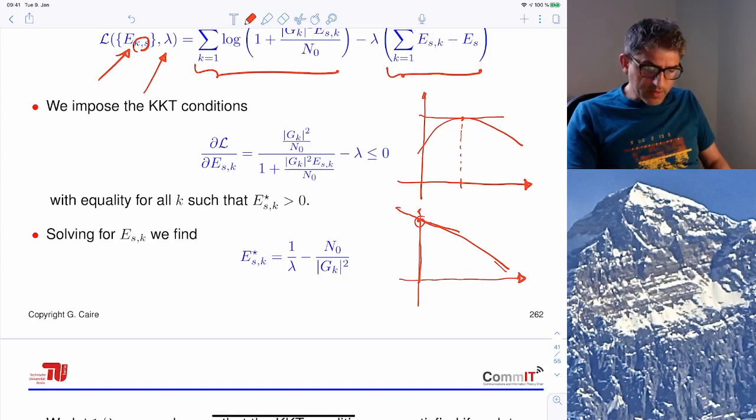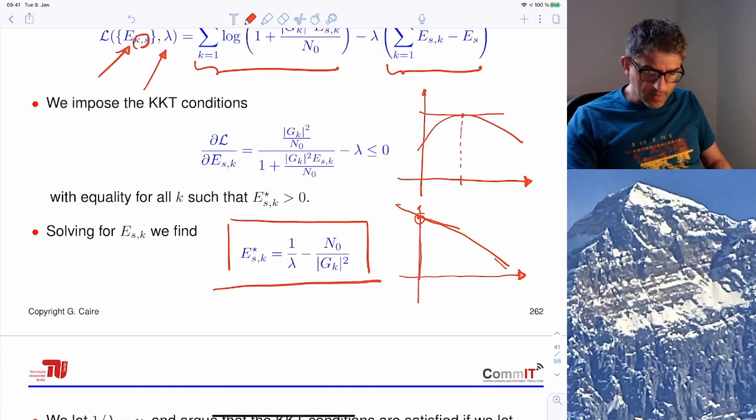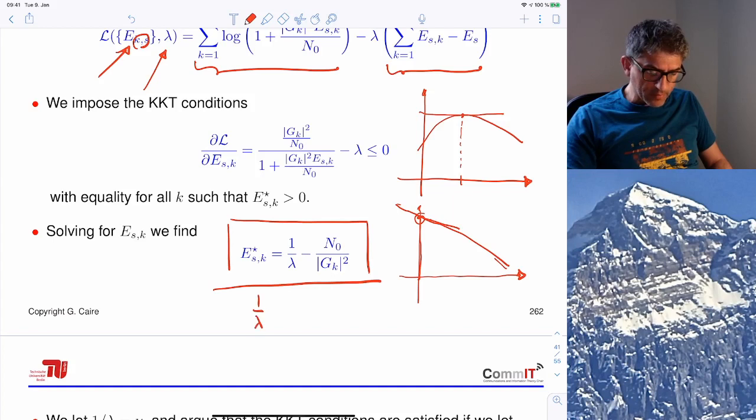So we set this inequality with equality and we find this candidate solution. Now this candidate solution of course depends on the value of lambda. This may or may not be positive. It is positive if 1 over lambda is in fact greater or equal than N0 divided by g_k squared, and it is negative otherwise.